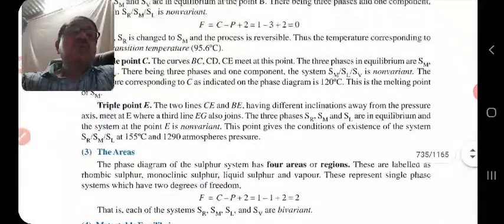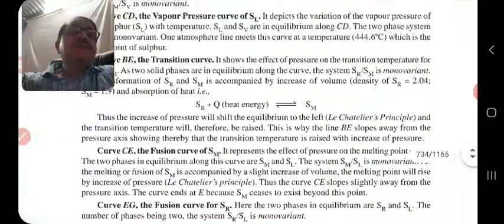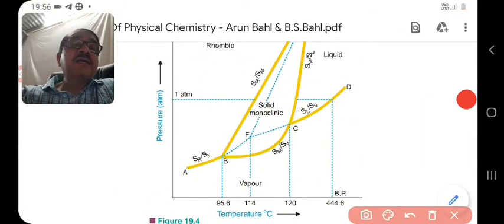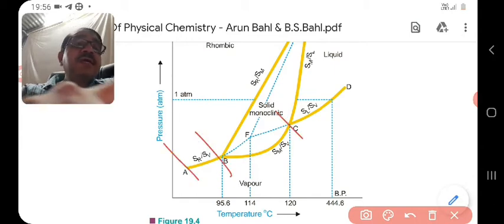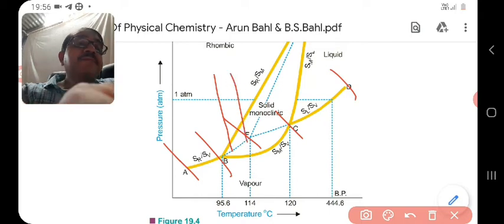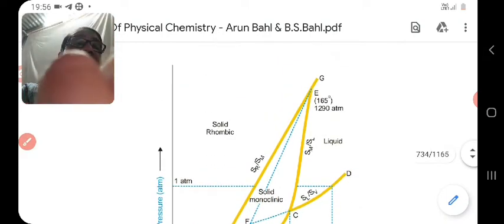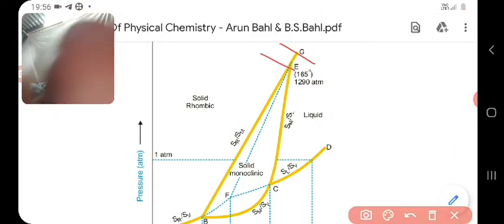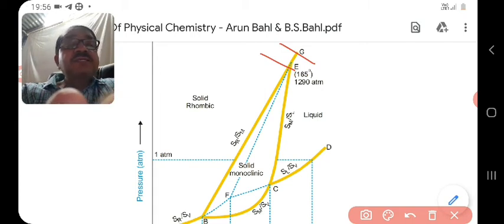So, to conclude the sulfur system part, we have to understand the different concepts here. This is the A, B, C, D, then F part, then these are the different curves. Now, after this is the E part, G part. So, this is the SM upon SL, then SR upon SM.